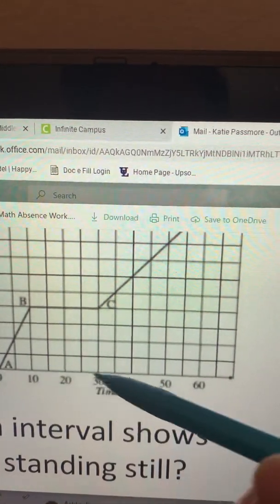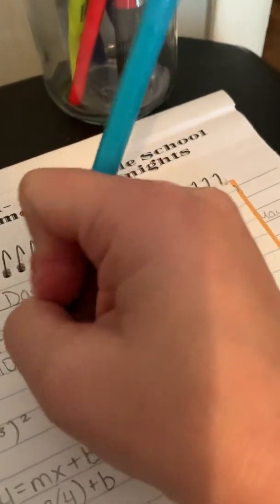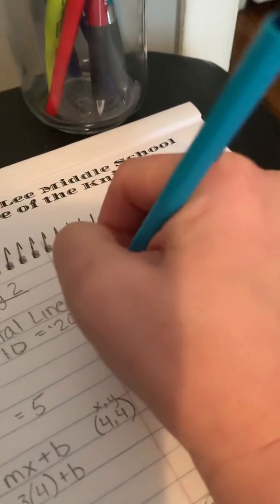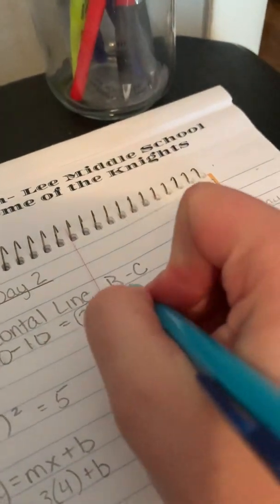So we're going to take the difference between those, which means I need to take 30 minus 10, which is 20 seconds. So that horse stops moving for 20 seconds.